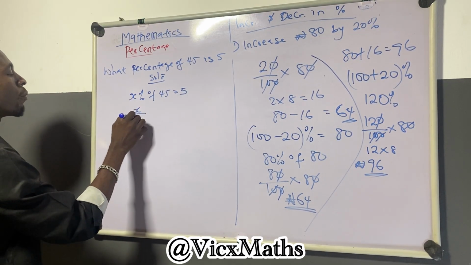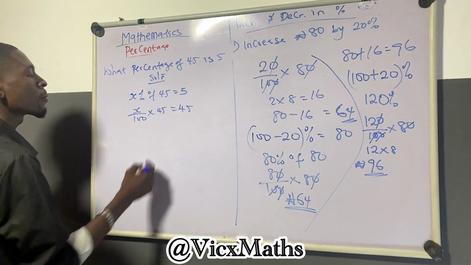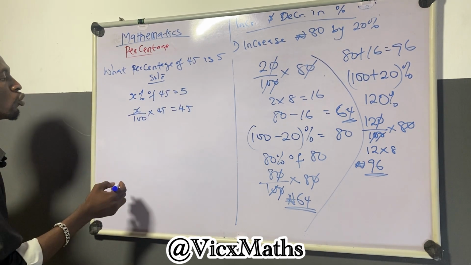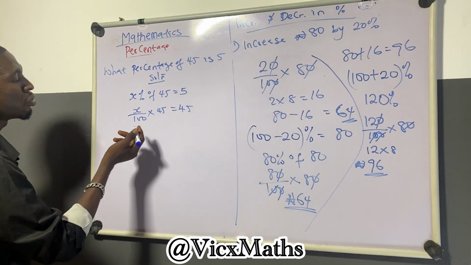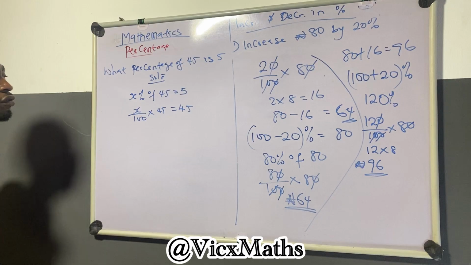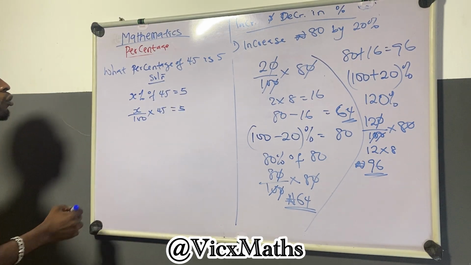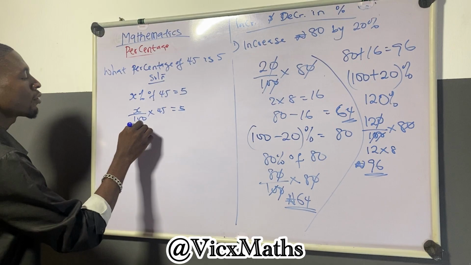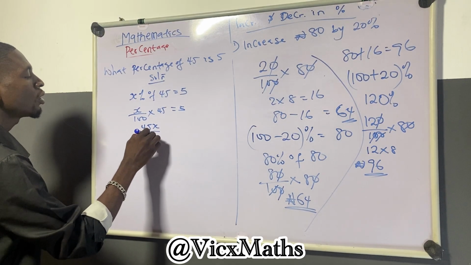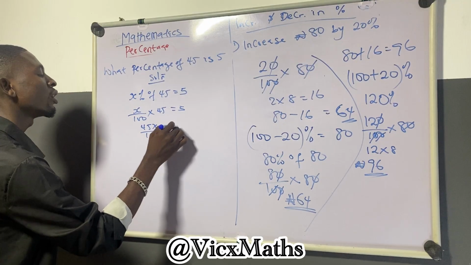You have x over 100 of 45 is equal to 5. So you can decide to do this. We have 45x all over 100 is equal to 5.